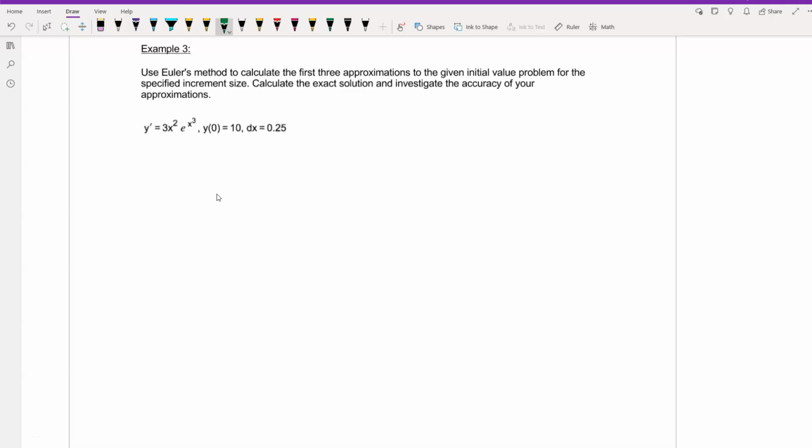Use the Euler method to calculate the first three approximations to the given initial value problem for a specified increment size. Calculate the exact solution and investigate the accuracy of your approximation. So what is given here on the spot, y prime is equal to 3 times x squared times e power x cubed, y0 is equal to 10, and dx is 0.25.